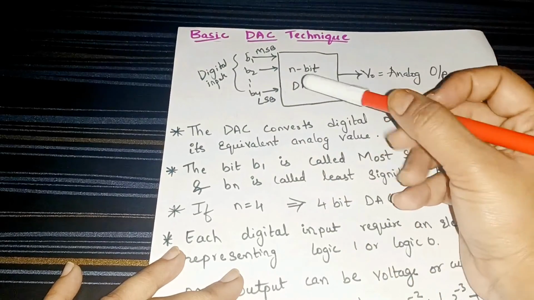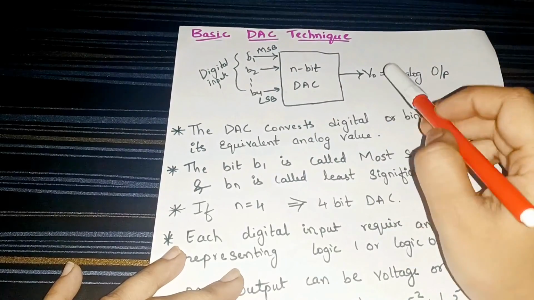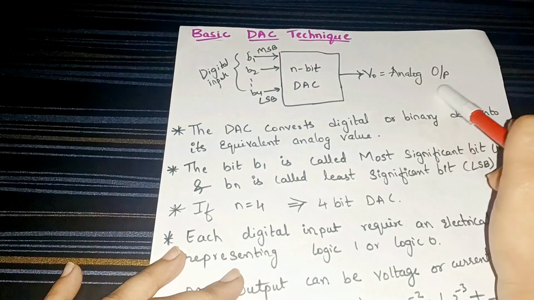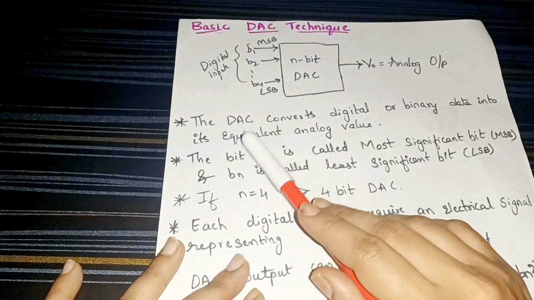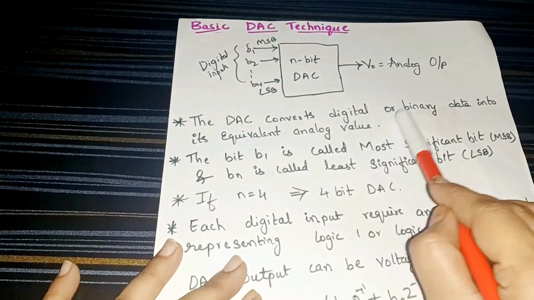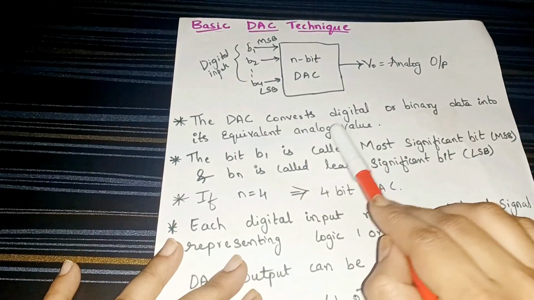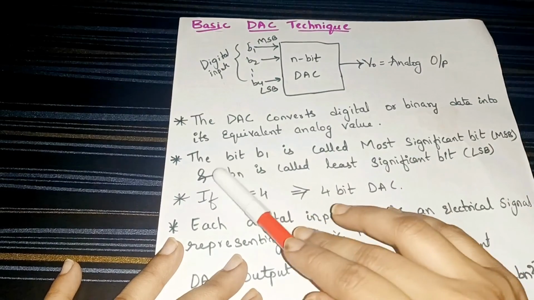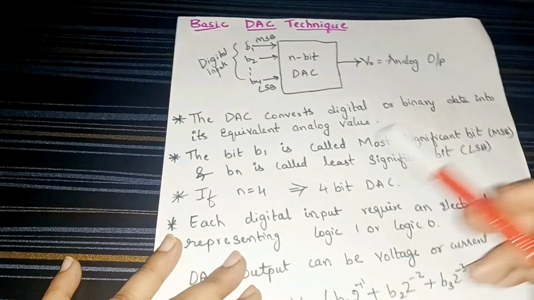When we give a binary input, the output is in the form of an analog output. So the DAC converts digital or binary data into its equivalent analog value. The bit B1 is called the most significant bit and Bn is called the least significant bit.